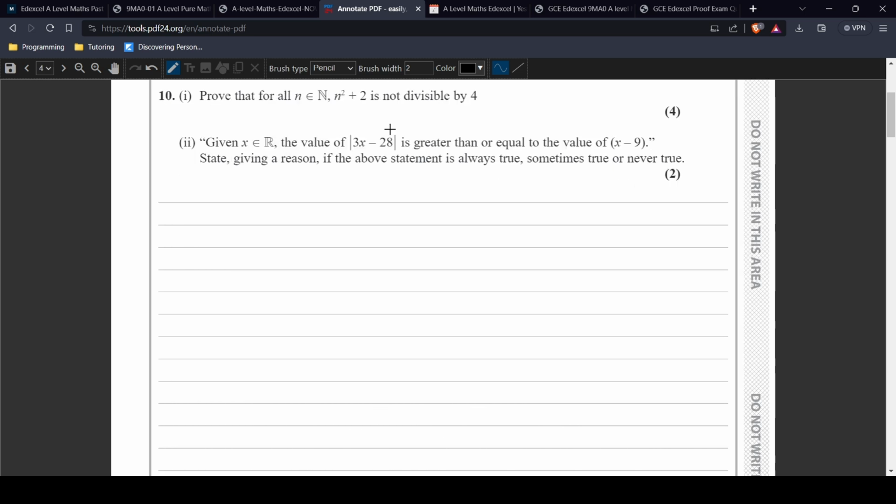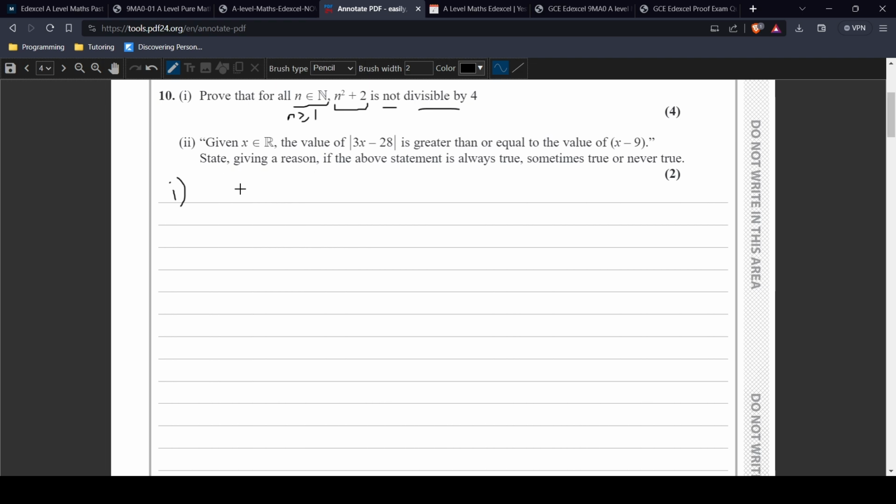Okay, so for question 2, we want to show that for all natural numbers n, in other words for all whole numbers bigger than or equal to 1, that n squared plus 2 is not divisible by 4. For these types of questions it's useful to consider a contradiction argument.